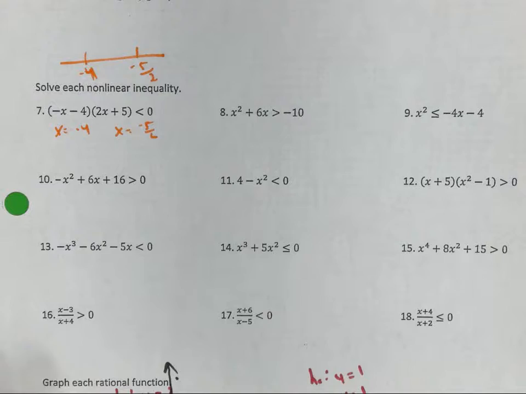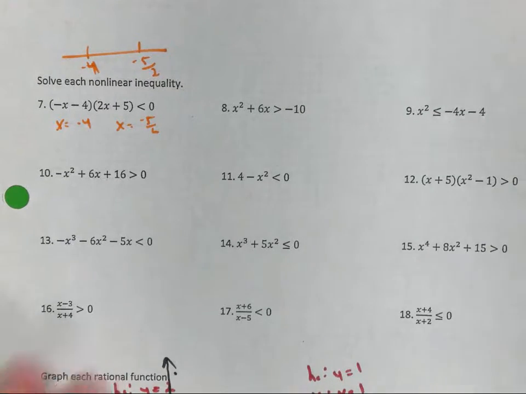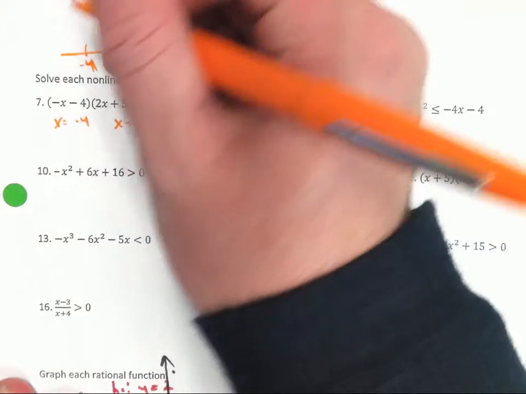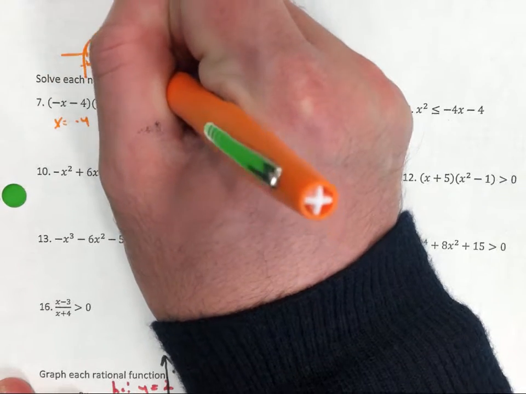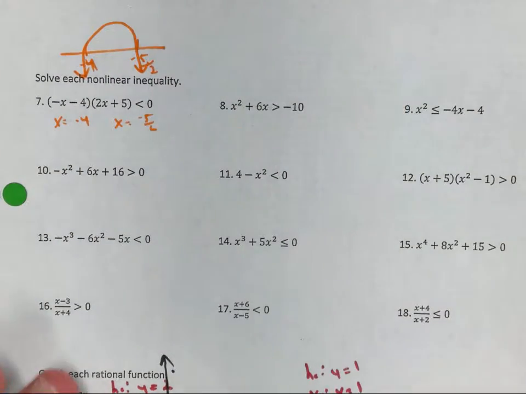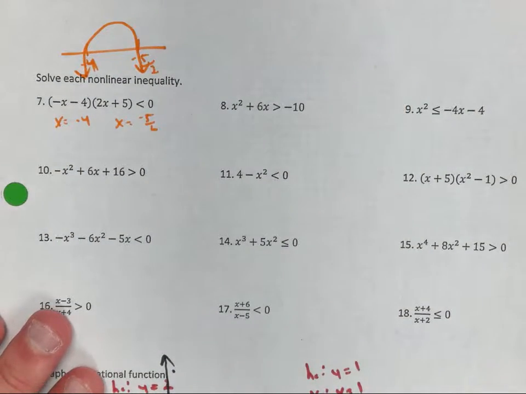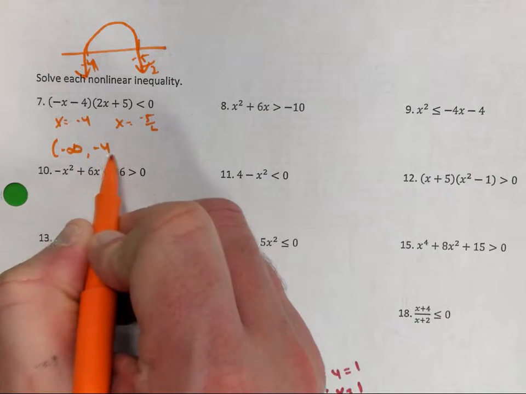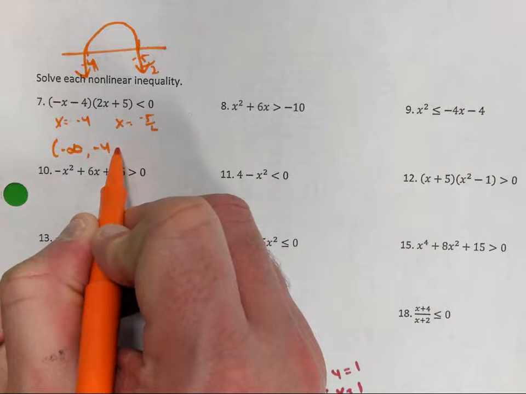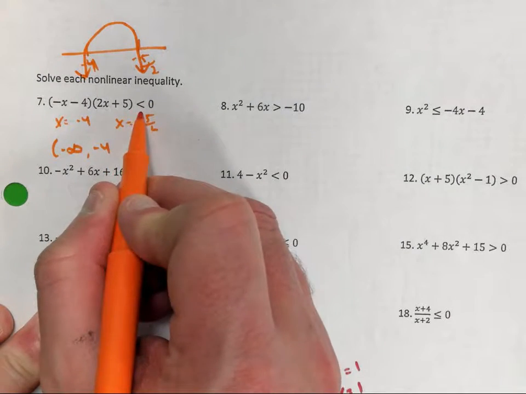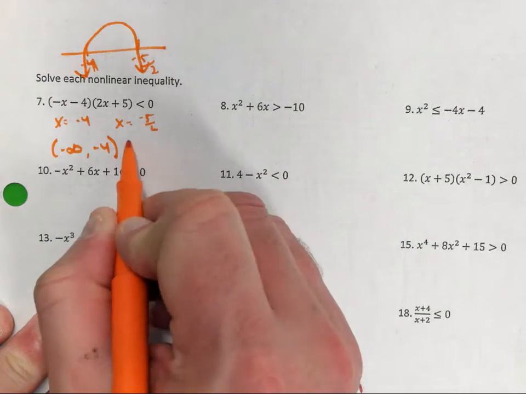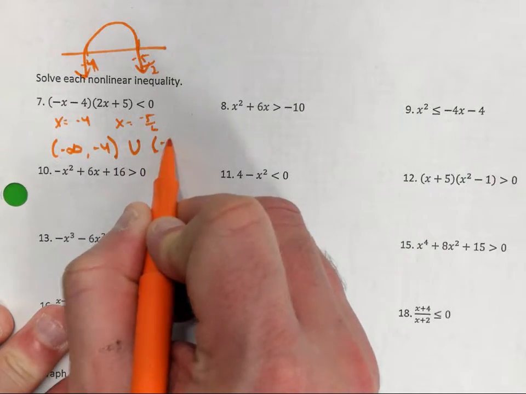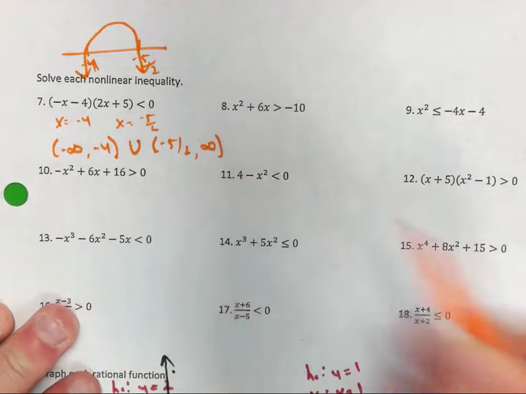Alright, the leading coefficient will be positive or negative. So the ends are going to be sticking straight what? Where is it less than 0? Negative infinity to -4. What would you put around -4? Parentheses or bracket? Because it doesn't want the or equal to, so you put parentheses, union what? -5 halves to infinity.